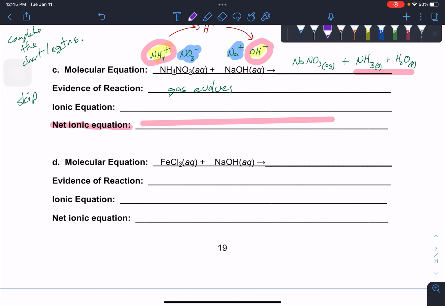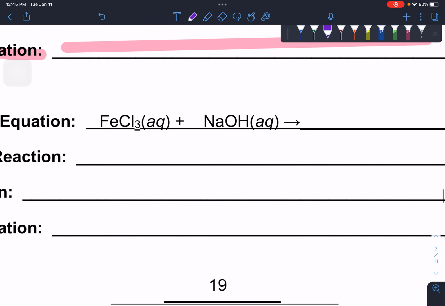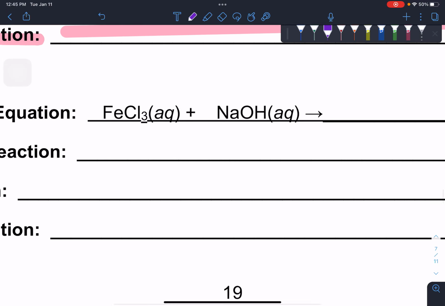I'm looking at letter D, reaction D, with ferric chloride reacting with sodium hydroxide. The reason I'm picking this one is that it illustrates what happens with transition metals. Most transition metals, and then tin and lead, these post-transition metals, are the two most common ones to worry about. They can vary in charge. Brown and LeMay uses the terms variant versus invariant ions.